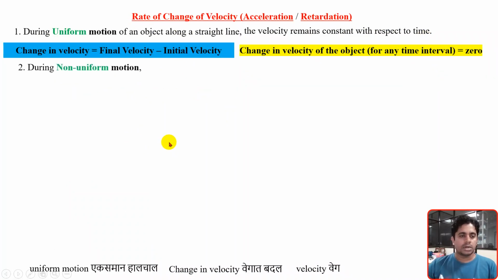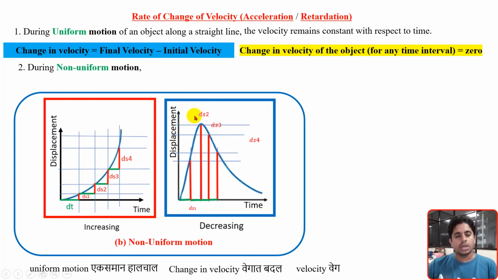Now, if we consider non-uniform motion, as you can see in this graph, these graphs we have also discussed earlier. Here we have taken four time intervals, time interval 1, 2, 3, 4.